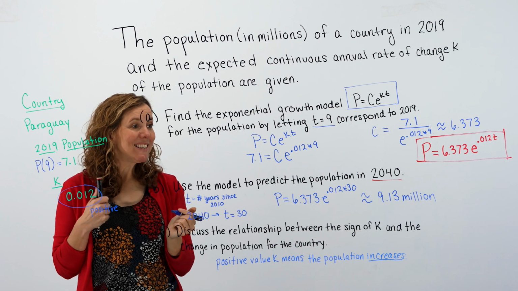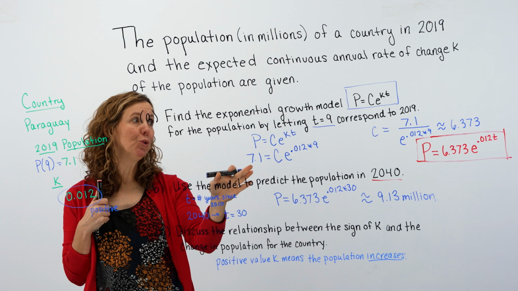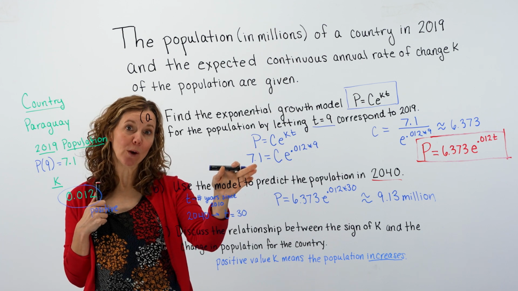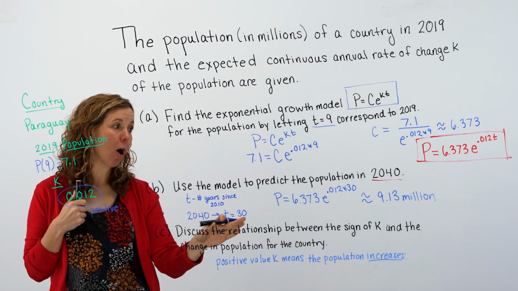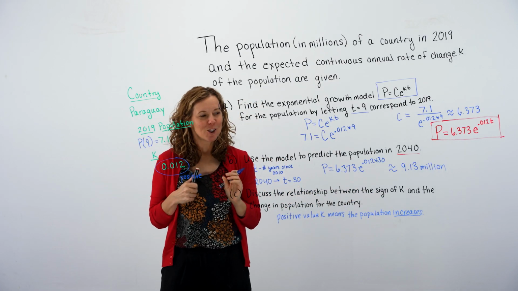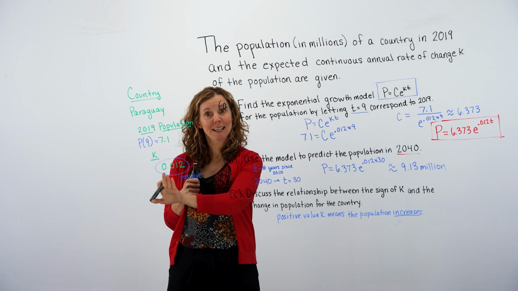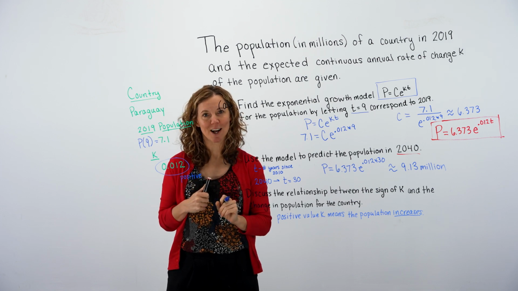And in fact, we can see that that's exactly what happened when we look at the population in 2019 of 7.1 million versus the population in 2040 of 9.13 million. So that growth is exactly what we would have expected given that this k value was positive.